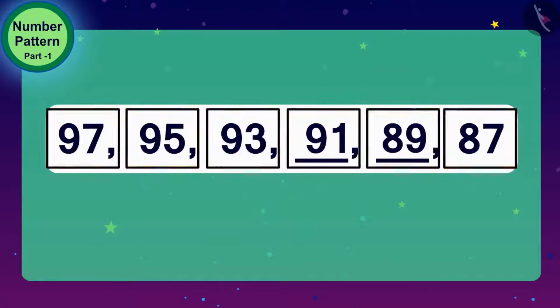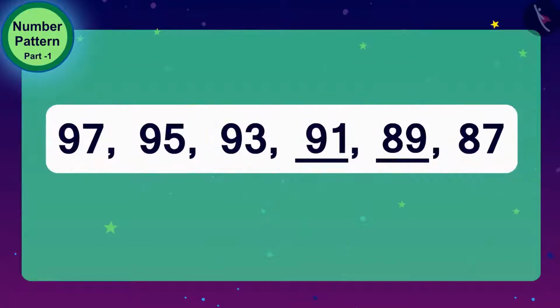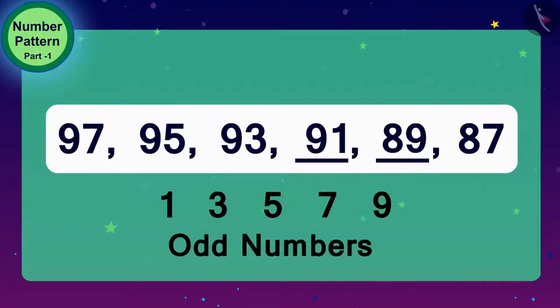All numbers in this pattern have digits of 1, 3, 5, 7 or 9 in the unit place. Such numbers which have digits of 1, 3, 5, 7 or 9 in the one-digit place are called odd numbers.